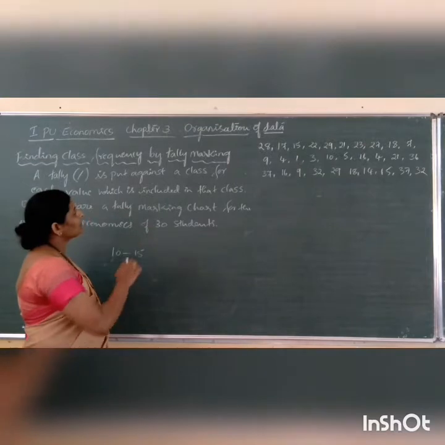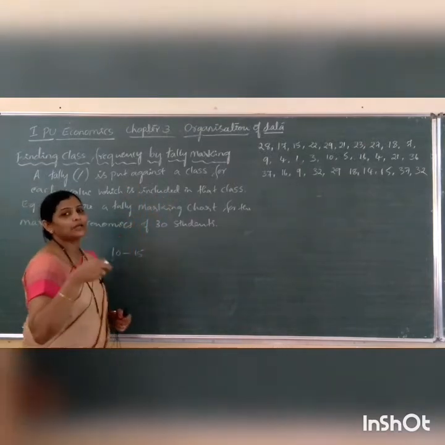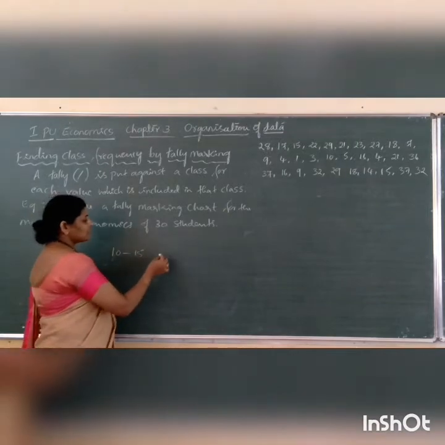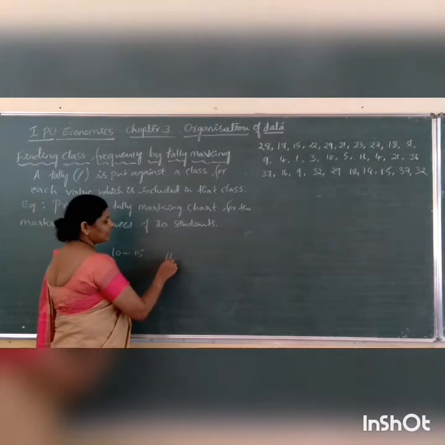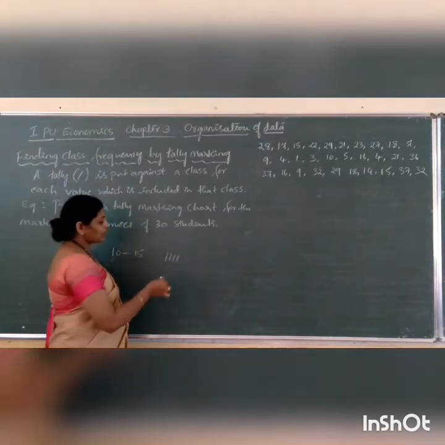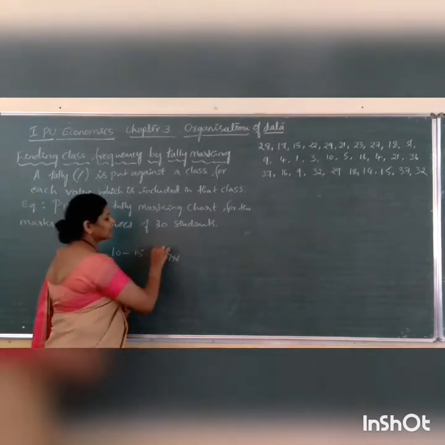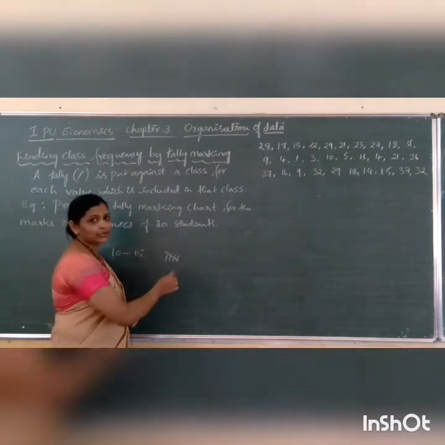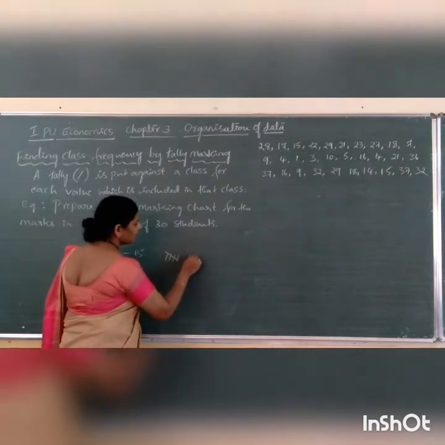Then how to put tally marks for those 7 observations? First we put 4 tallies like this and the 5th one should be put across the 4. It's a group of 5. Then the remaining 2 observations we put like this.